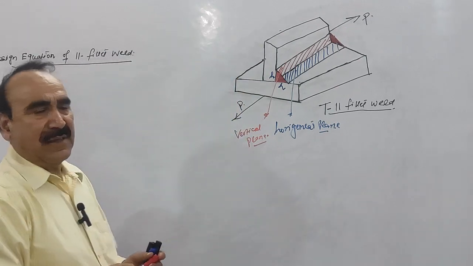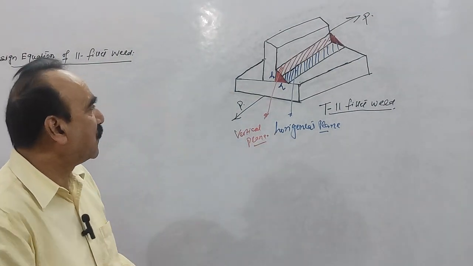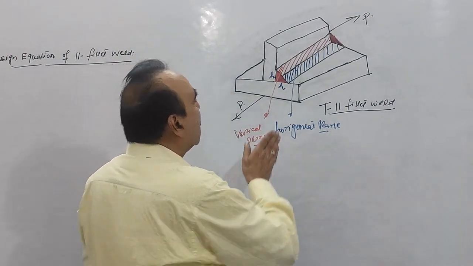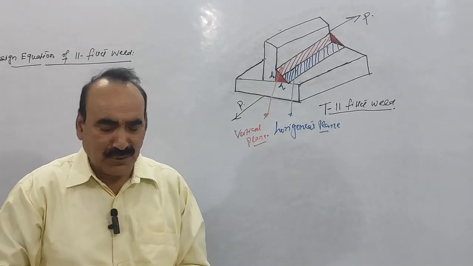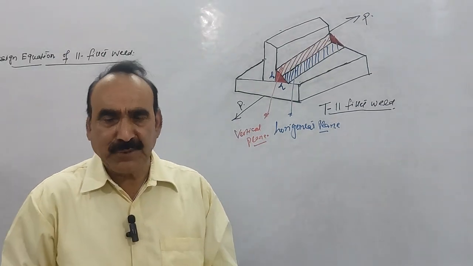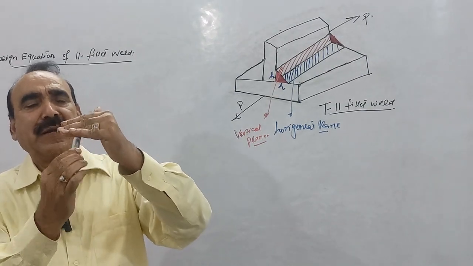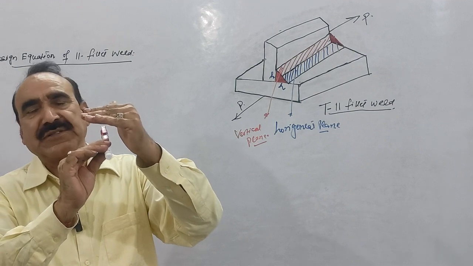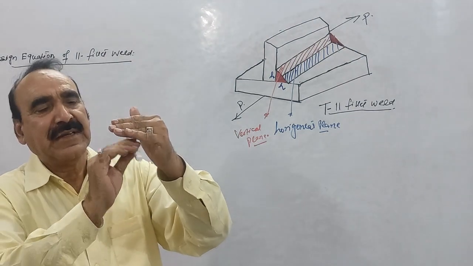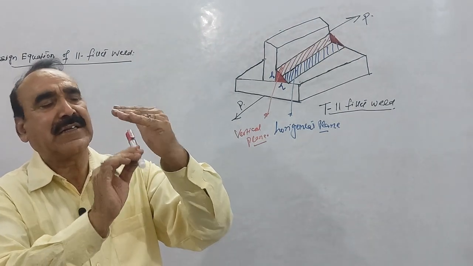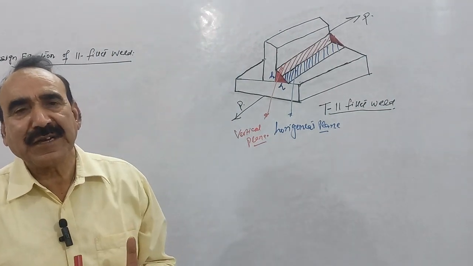The force P which I have applied here is parallel to the horizontal plane. Suppose this is your vertical plane and this is your horizontal plane, and the force P is passing like this. This force P is parallel to the horizontal plane, and it is also parallel to the vertical plane.